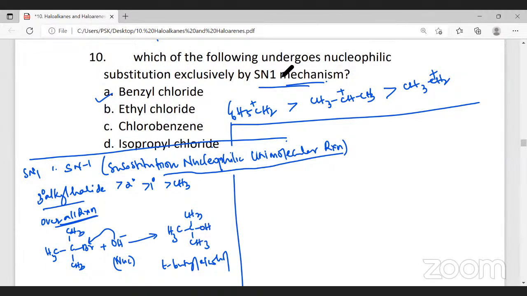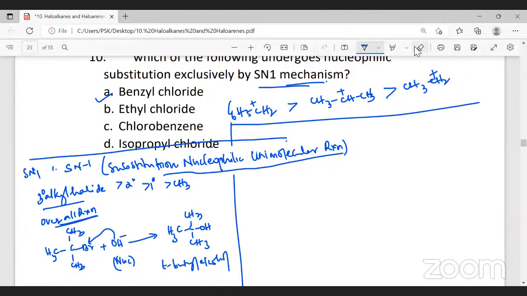Now we'll learn the mechanism. The mechanism takes place in two steps.